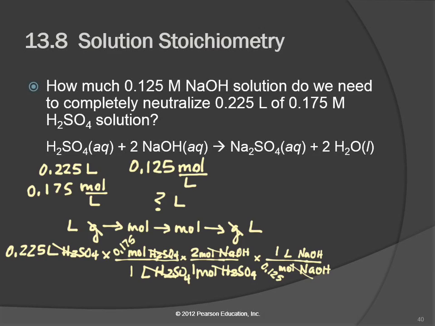So left to right, top to bottom, go across. Turn on the calculator first. 0.225 times 0.175 times 2 divided by 0.125.